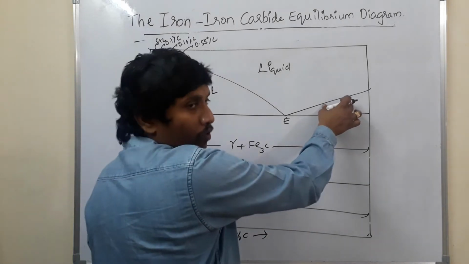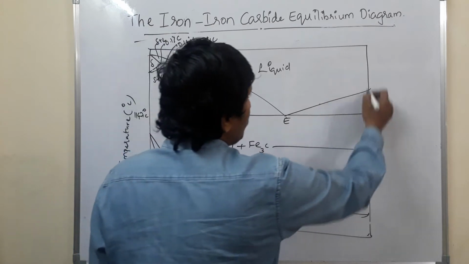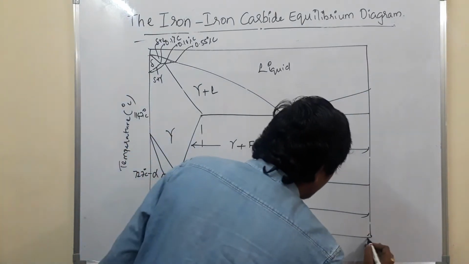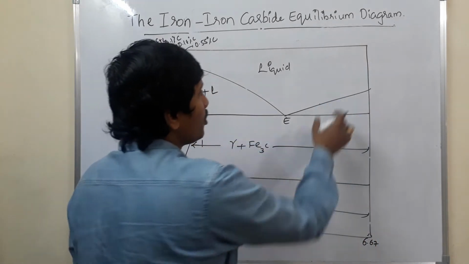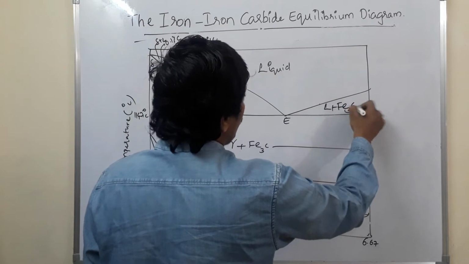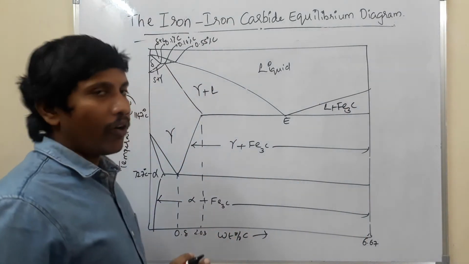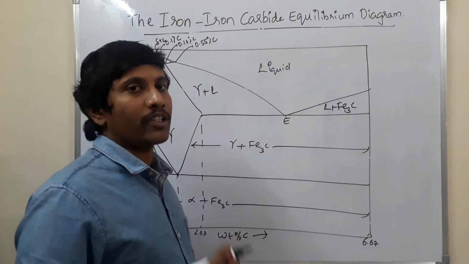What is the region over here? This line corresponds to liquid. This vertical line of 6.67 percent carbon corresponds to cementite. What is the area over here? Liquid plus cementite.